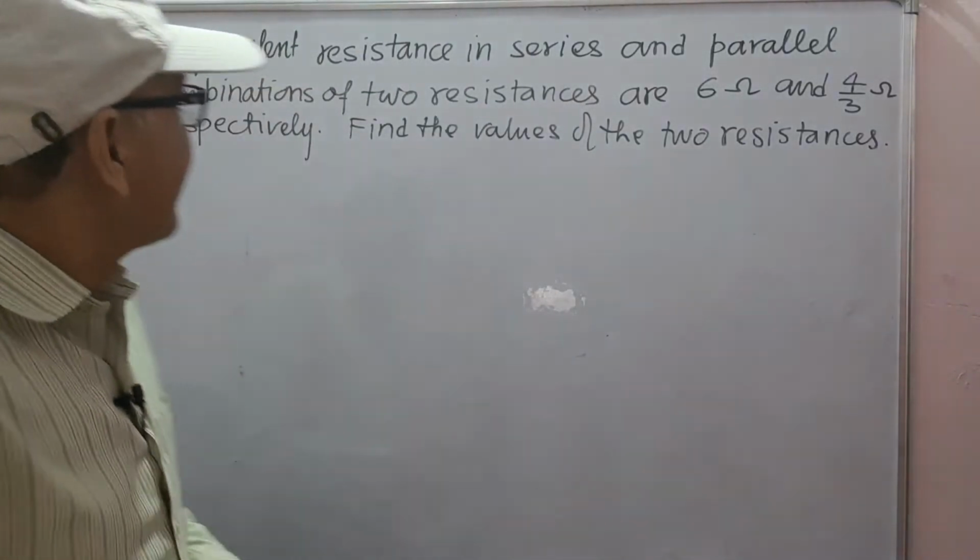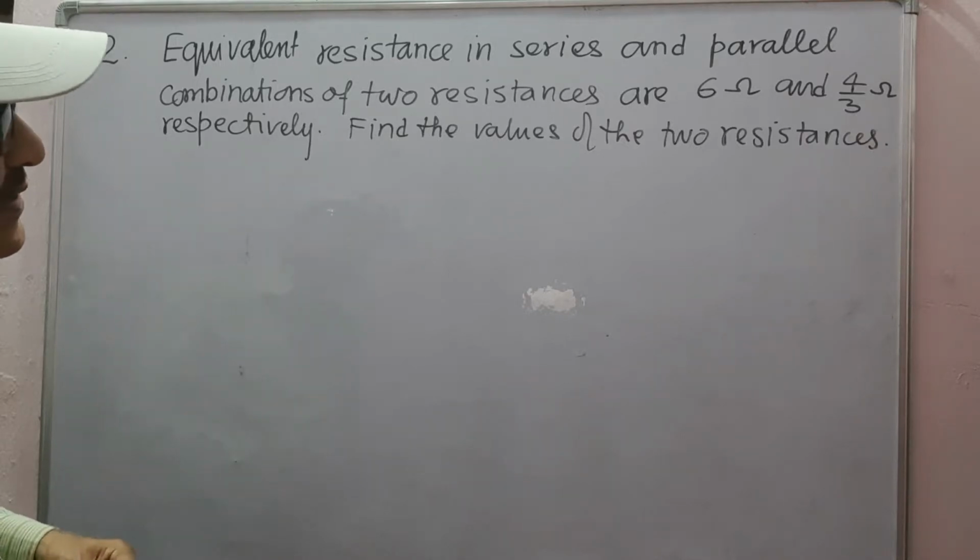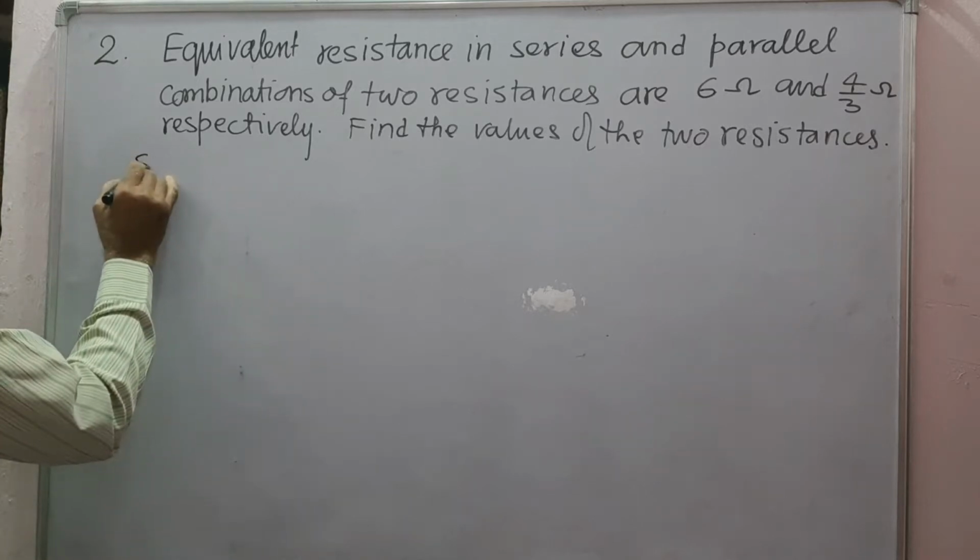Second question is, equivalent resistance in series and parallel combination of two resistors are 6 ohm and 4 by 3 ohm respectively. Find the values of two resistances. Solution.